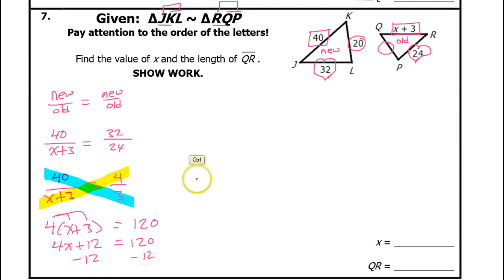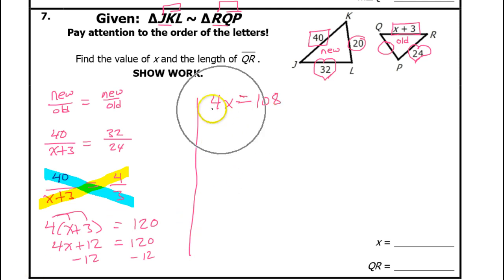Subtract the 12 from both sides, and that's going to give me 4x equals 108. And then if I divide both sides by 4, that's going to give me x is equal to 27.